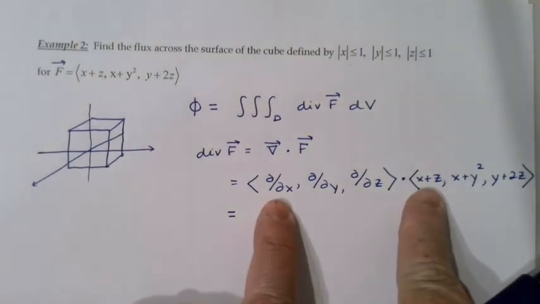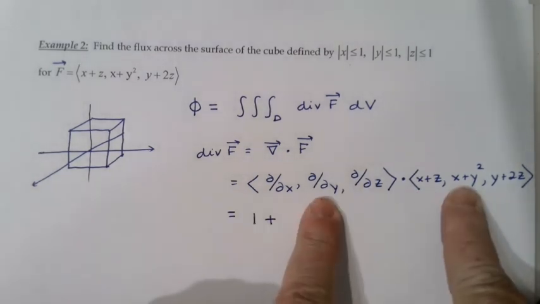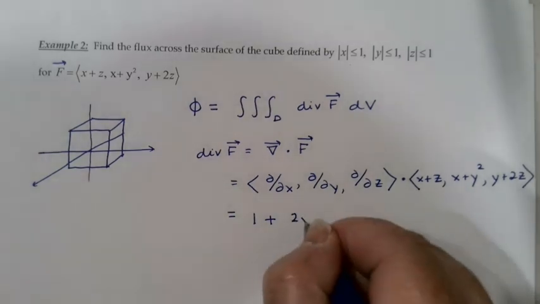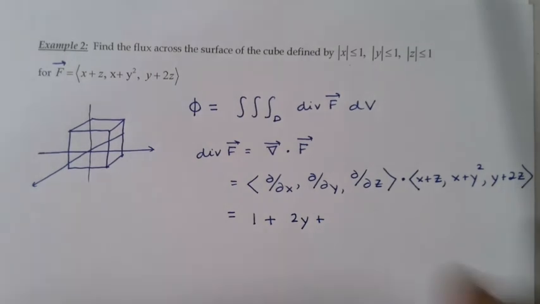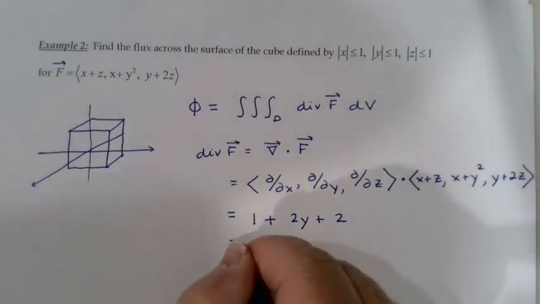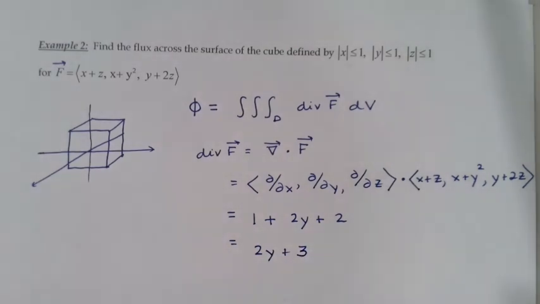And so the first term, I'll get a derivative of 1. Plus the second one, I'm going to get a plus 2y. And then the third one, I'll get a plus 2. So I have 2y plus 3 for the divergence.